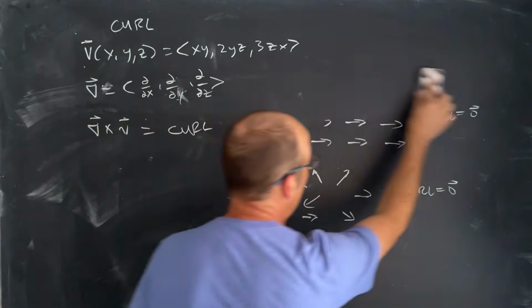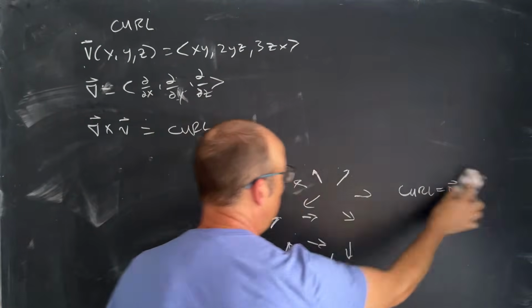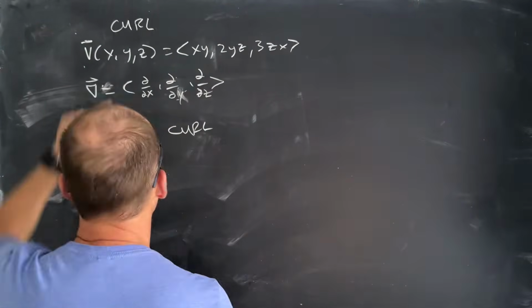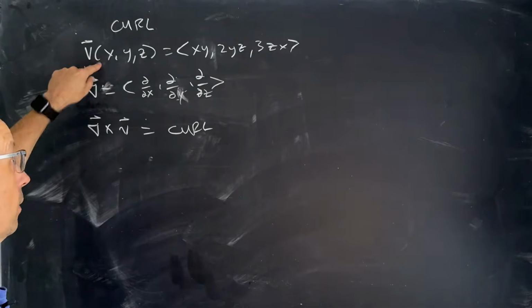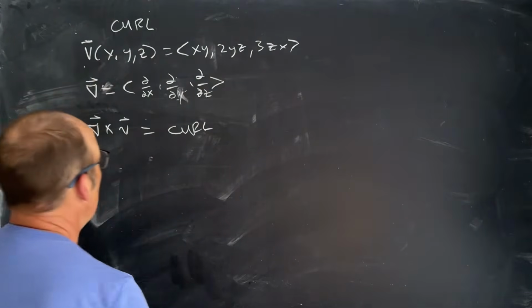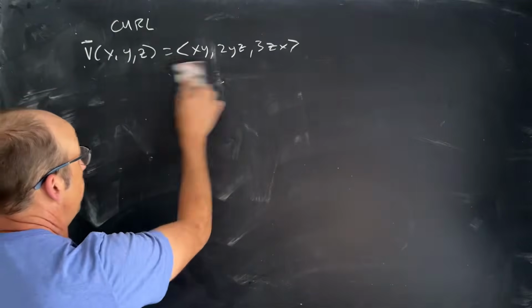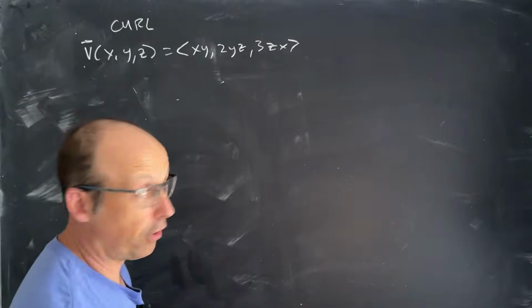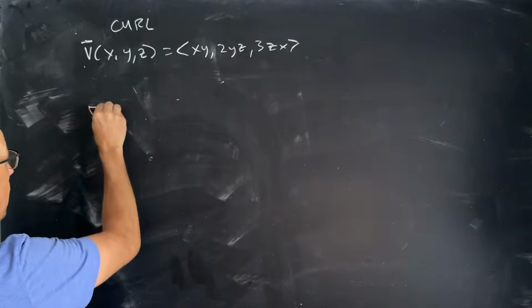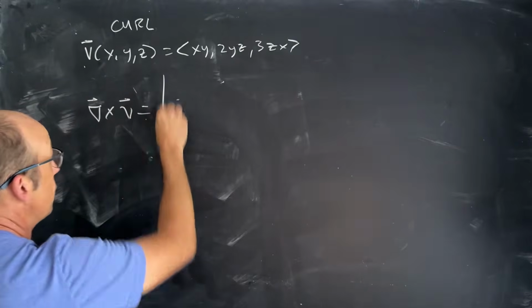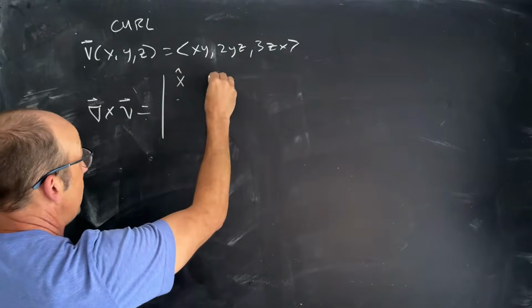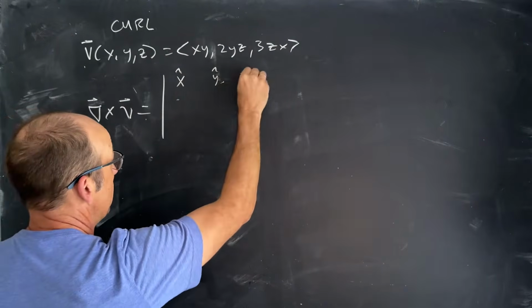Let's go ahead and find the curl of this vector function, and then we'll do it numerically also. So we know what the del operator is, and we know how to take the cross product. So the cross product del cross v is going to be the determinant of the matrix x hat, y hat, z hat.